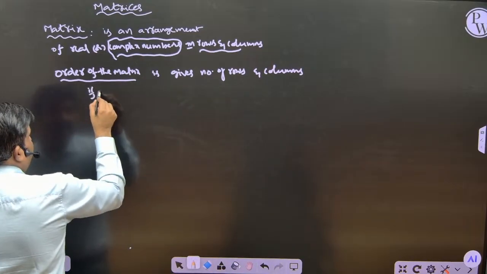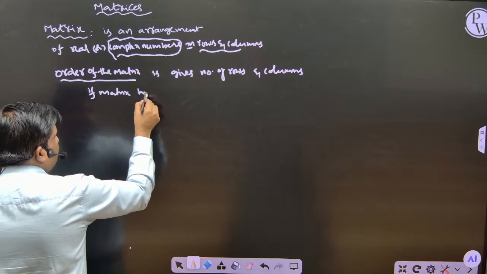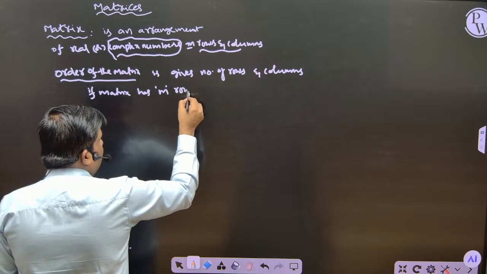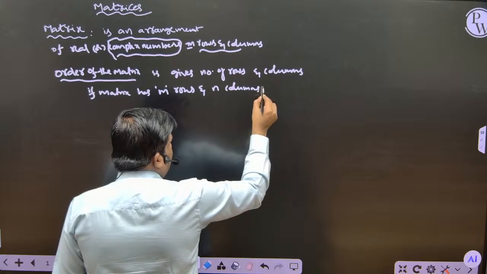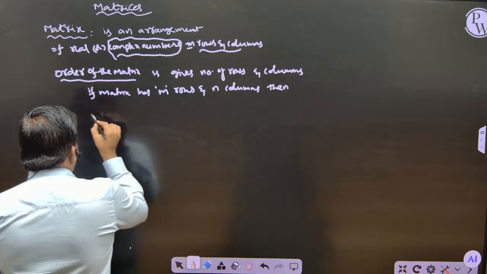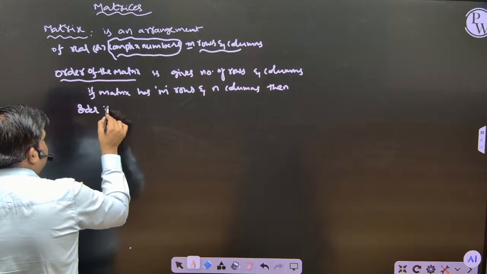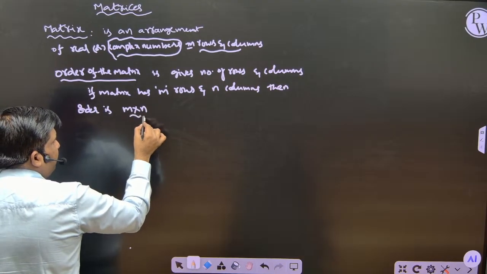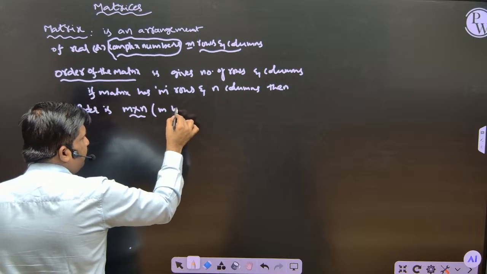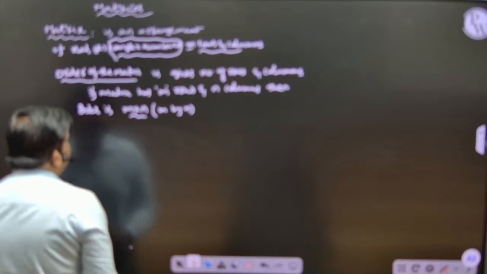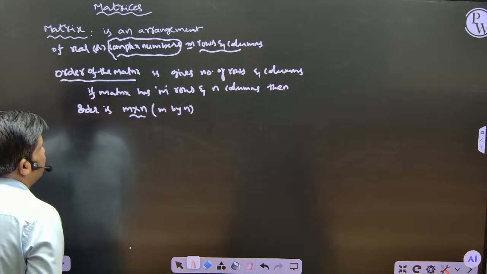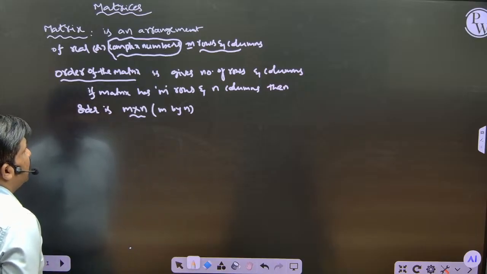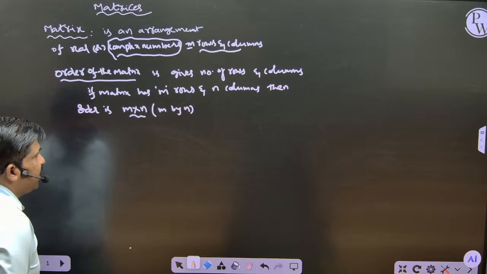If a matrix has m rows and n columns, then the order is read as m by n. Order of the matrix gives the number of rows and columns. If the matrix has m rows and n columns, then the order is m by n.